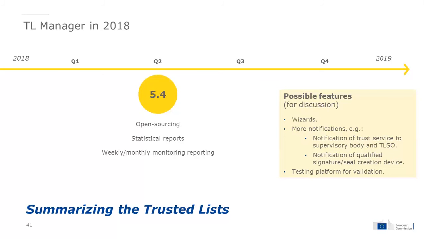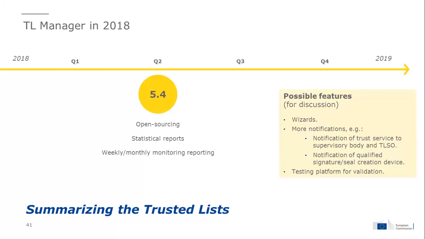This reflects the fact that we intend to include in release 5.4 functionality for reporting on trusted lists individually, but also all trusted lists together, as well as a list of trusted lists.